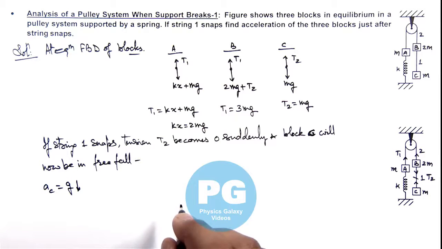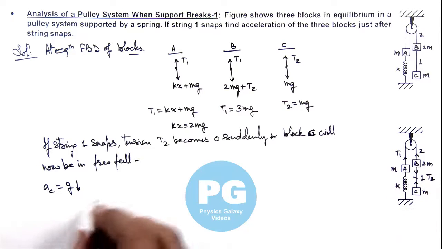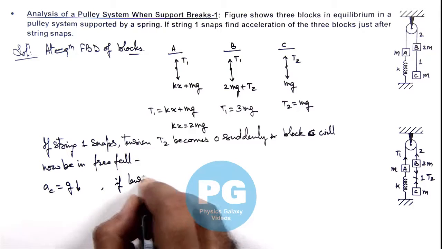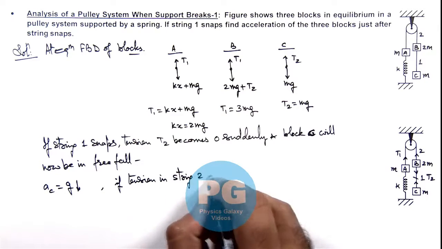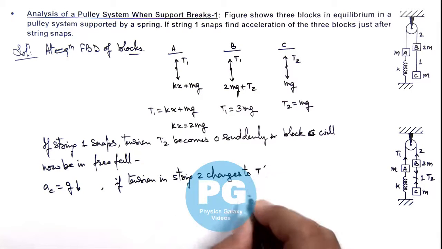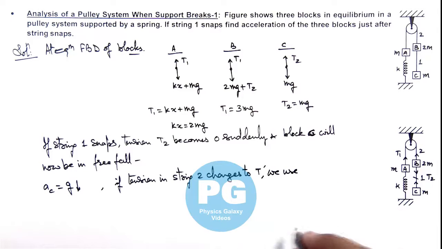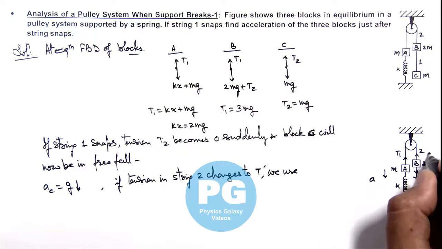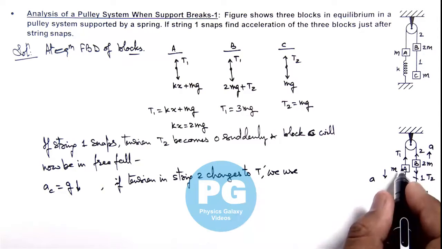Now if we talk about block A and block B, obviously if we consider the tension in string 2 changes to T prime just after string 1 snaps, this block starts going down with acceleration a and this goes up with acceleration a. So we can write the equations for these blocks.